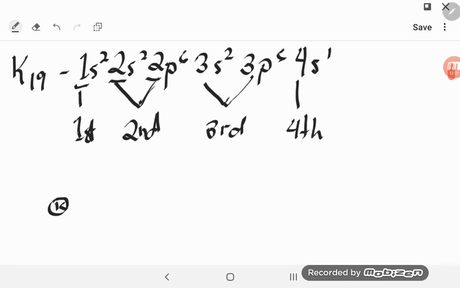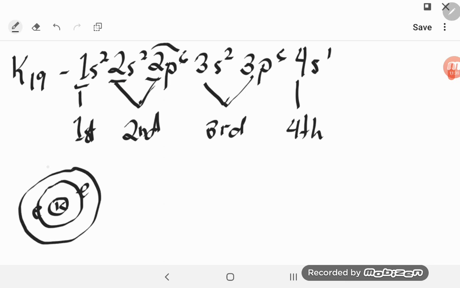We have the first energy level here, meaning the first energy level has 2 electrons, 1 and 2. The second energy level has 6 plus 2, how many? There are already 8 electrons, 1, 2, 3, 4, 5, 6, 7, 8.